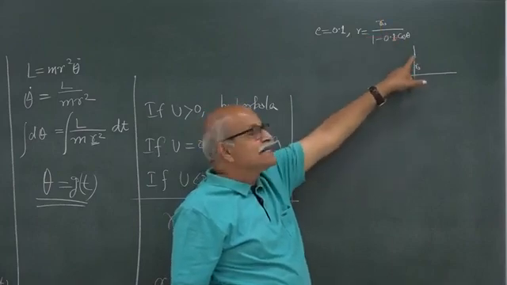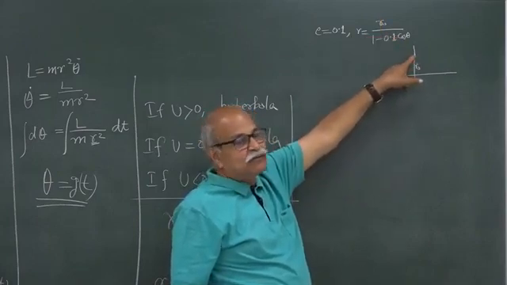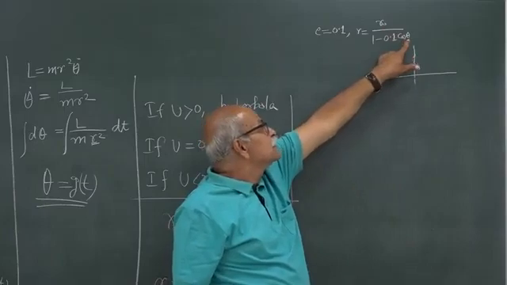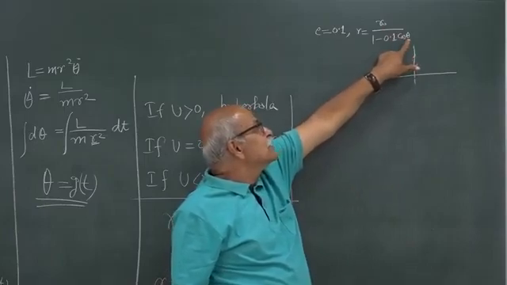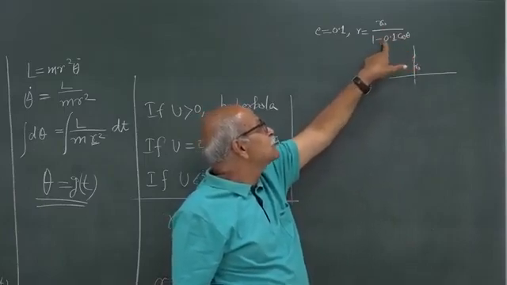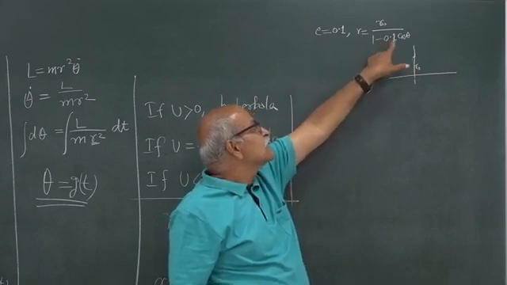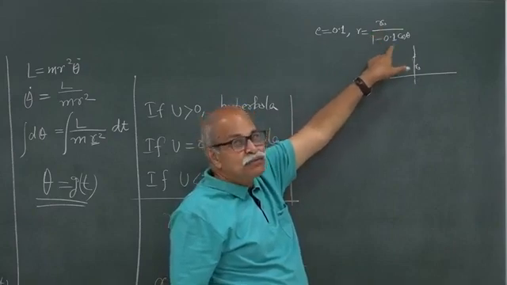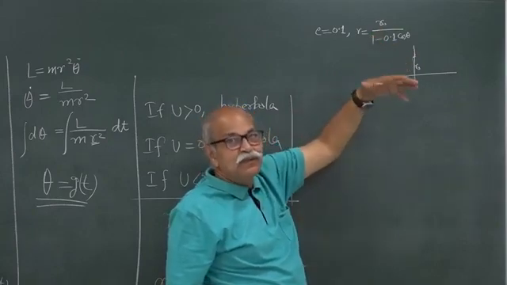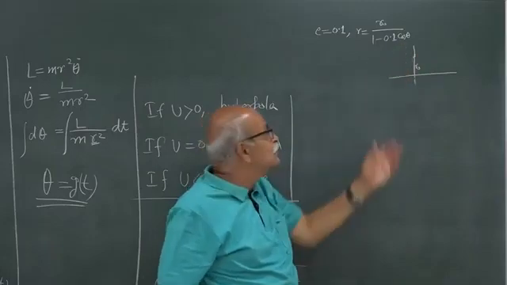So, you will have a point here on the ellipse, and what happens if theta is 0 degrees, then cos theta is 1. It is 1 minus 0.1. So, r naught divided by 0.9, a little more than r naught.